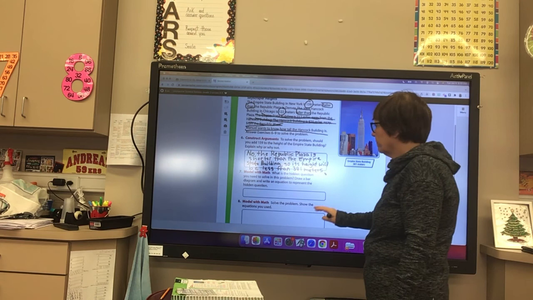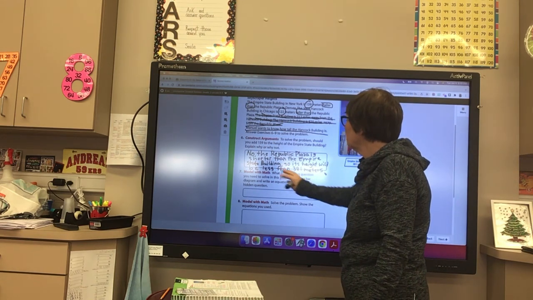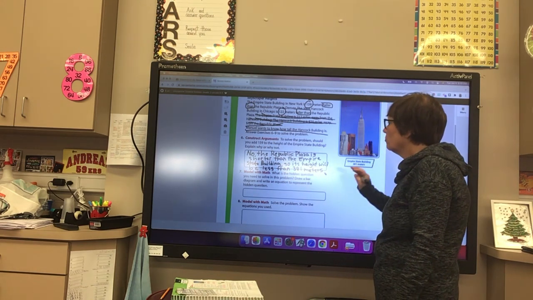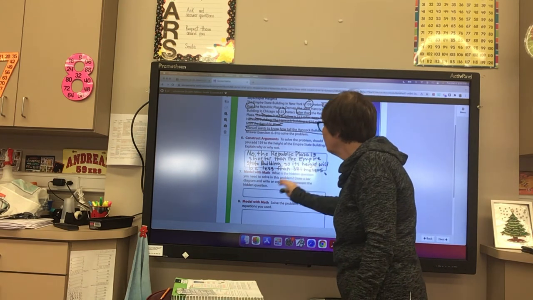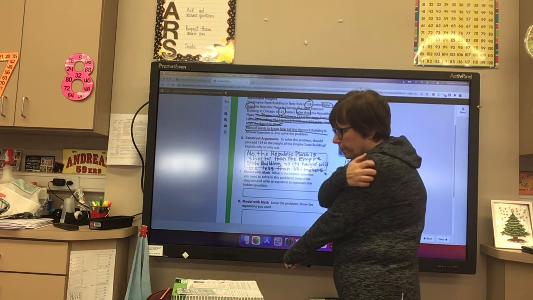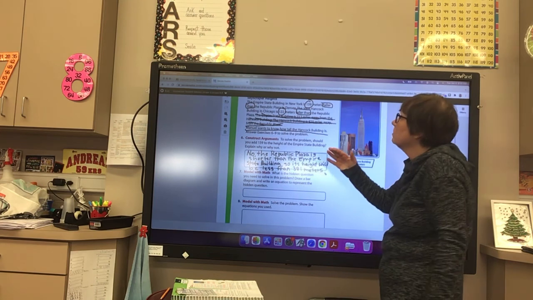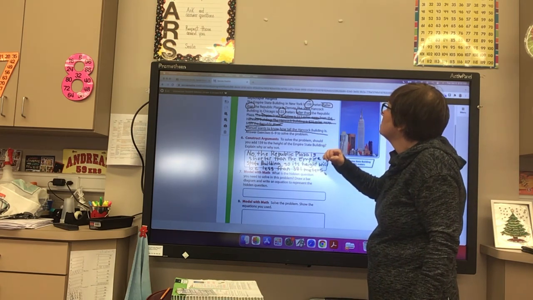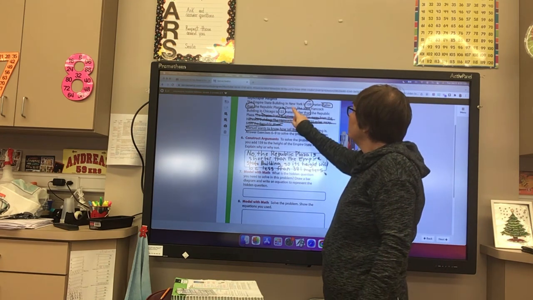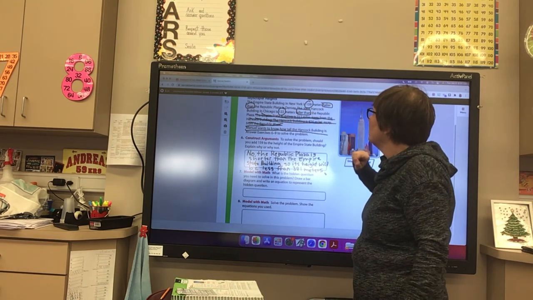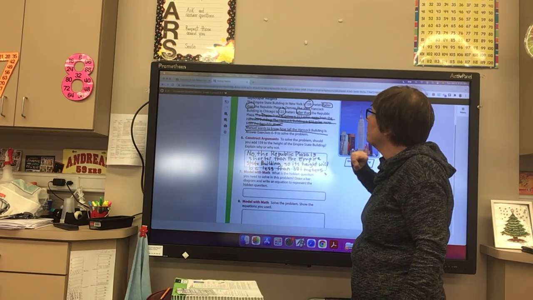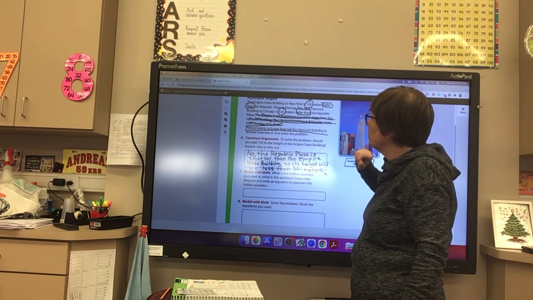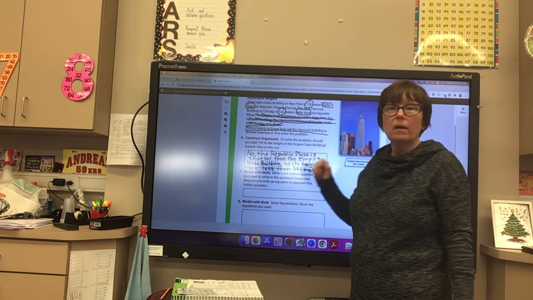Okay, now, what is the hidden question you need to solve in this problem? Draw a bar diagram and write an equation to represent the hidden question. So what don't we know? It says the Empire State Building in New York is 159 meters taller than the Republic Plaza in Denver. The John Hancock Building in Chicago is 122 meters taller than the Republic Plaza.